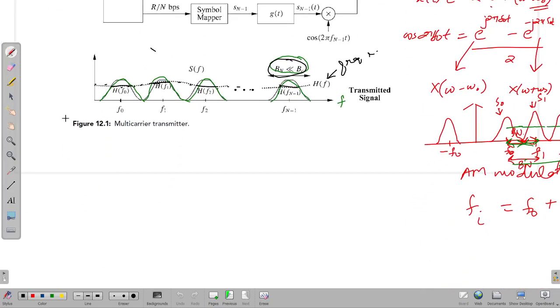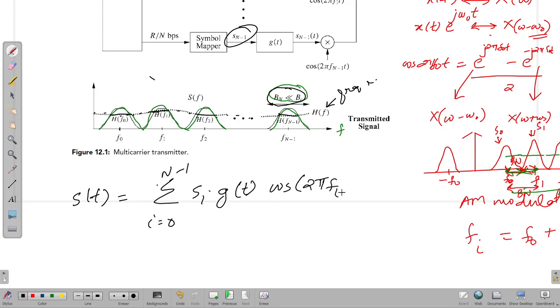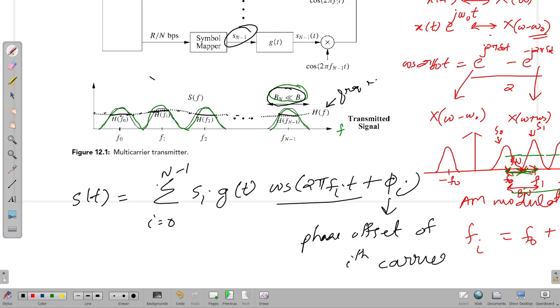I can write the equivalent symbol S of t being transmitted as the summation for i equal to 0 to n minus 1 of Si, the individual symbols, multiplied with a pulse shaping function, mostly a raised cosine pulse, times cos(2 pi fi t plus phi i). The cos 2 pi fi t terms are the different carriers with which each symbol Si is multiplied, and phi i is the phase offset of the ith carrier.